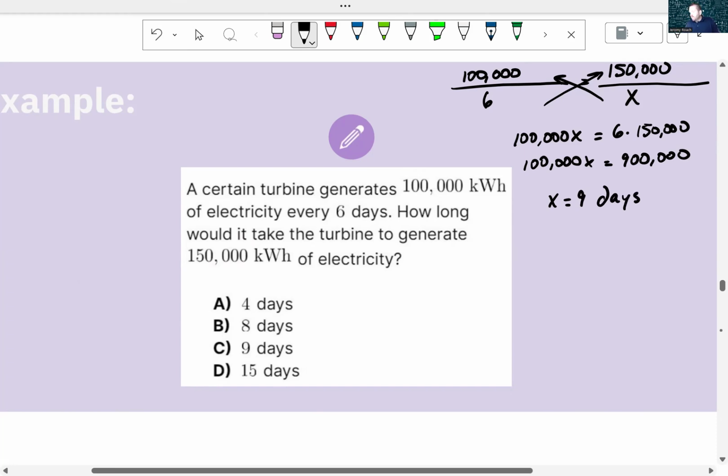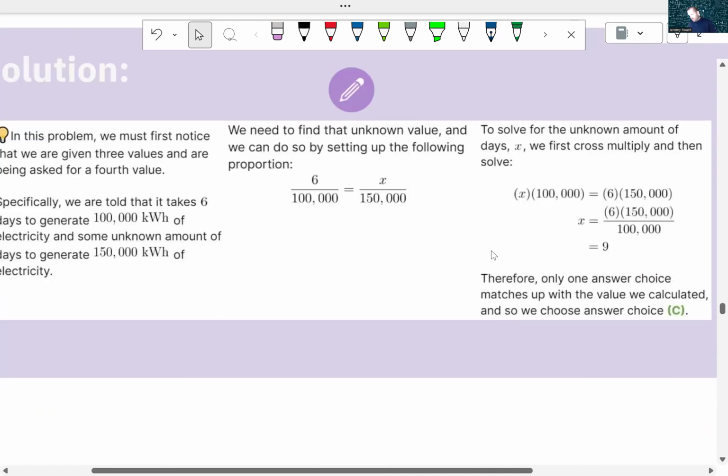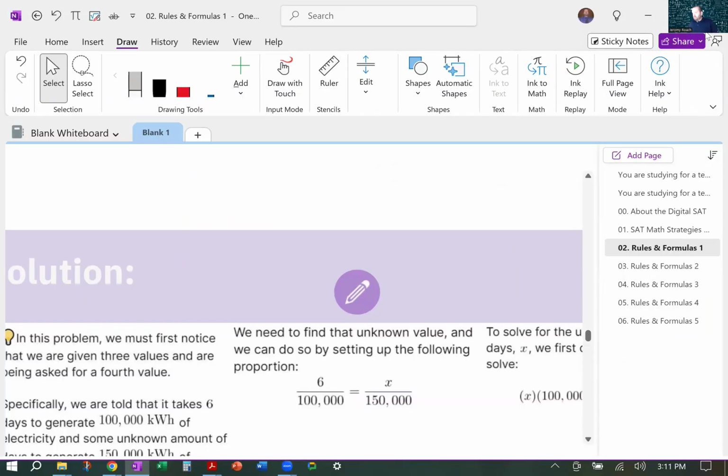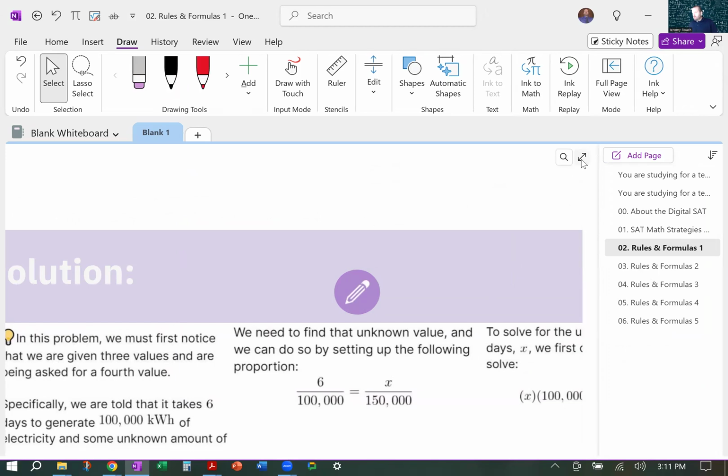So in 9 days, they can produce 150,000 kilowatt hours of electricity. Okay, so that's proportions. And if you need to see the solution, again, this is on Google Classroom, and this is worksheet number 02, rules and formulas.